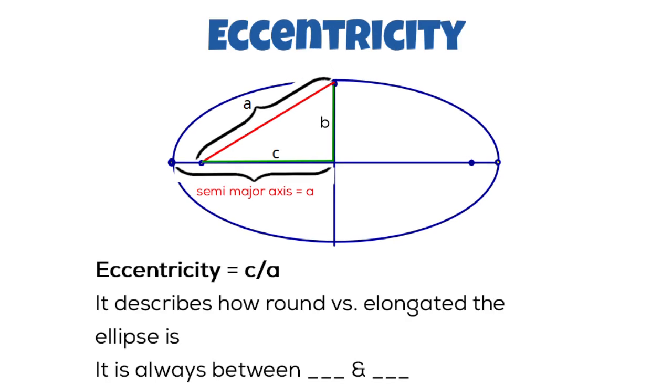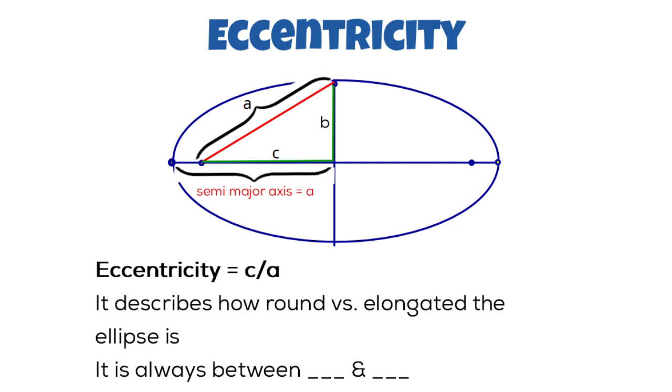Okay, one more thing before we jump in and look at some examples, but we have something called the eccentricity. And so I told you that the foci kind of tell you something about the ellipse. The eccentricity is what we're looking at. Eccentricity is defined as C over A. So remember, C is the distance to the focus.